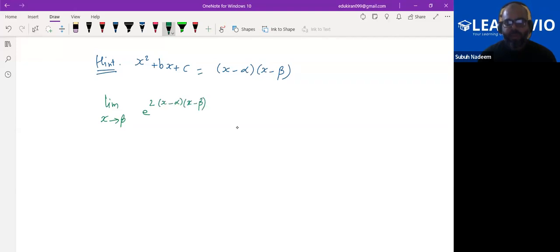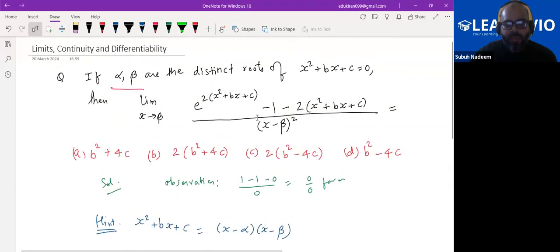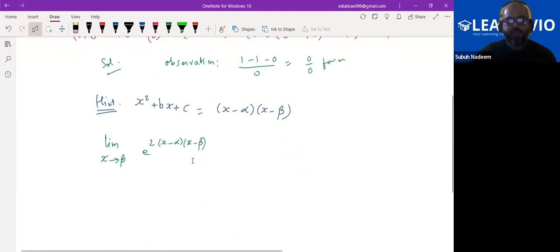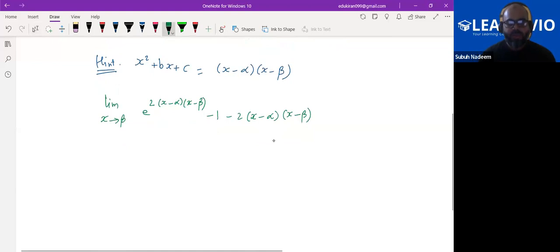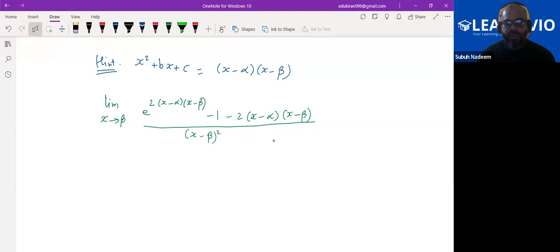This is how we can write it. And then we have minus 1 minus 2 x minus alpha into x minus beta upon x minus beta whole square. That we don't have to disturb. That will remain as it is. So this is what we are getting.